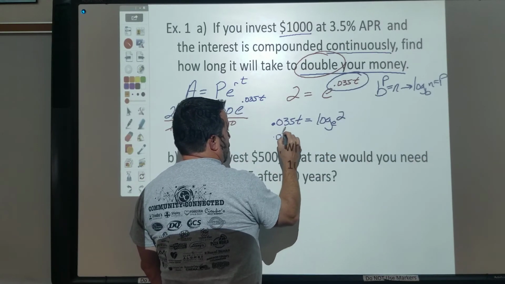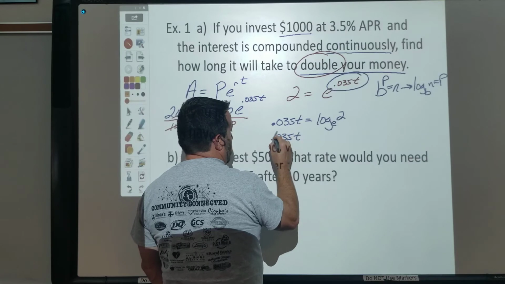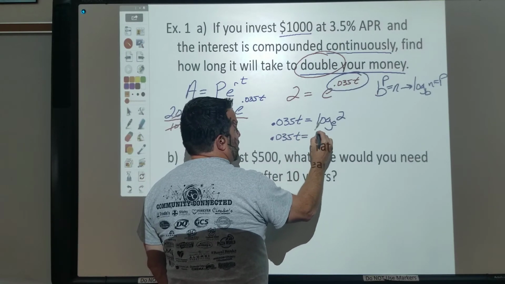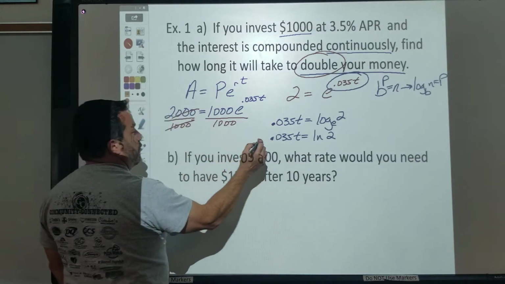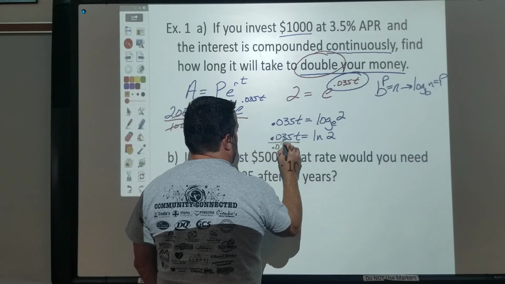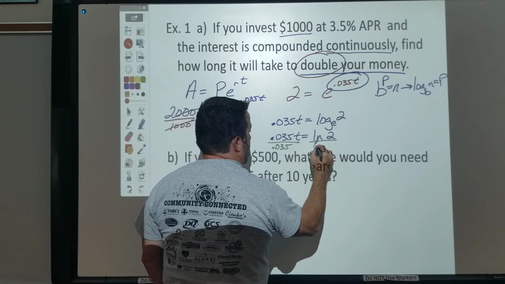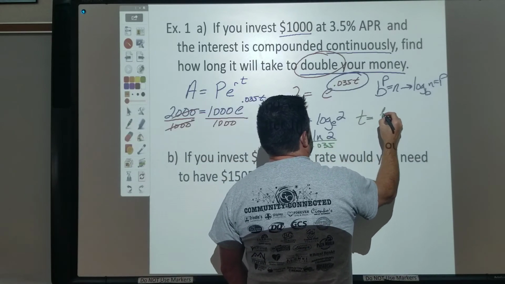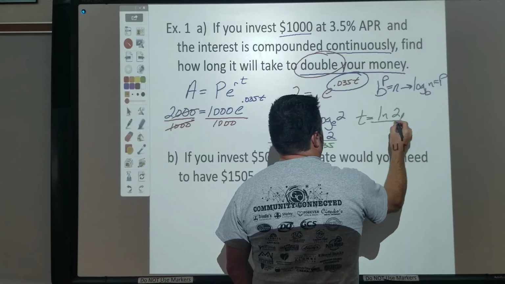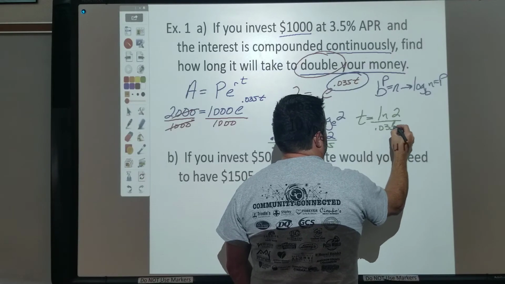So 0.035t equals the natural log of 2. And then, to solve for t, I just divide by 0.035. So the exact answer is the natural log of 2 over 0.035.